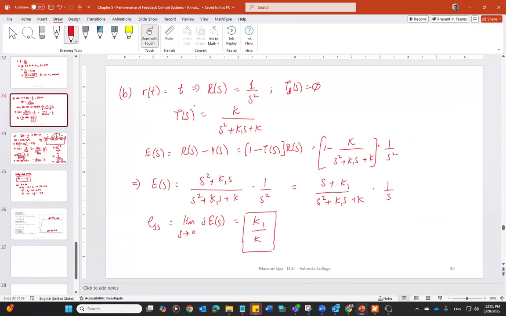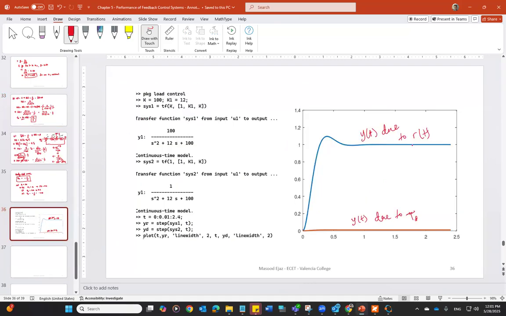Oh no, that's when r(t) was a ramp signal. Right now we're not plotting a ramp signal. Right now the steady state error is 0 because the output is 1 for an input command of 1. But if you plot for the ramp input, then the steady state error is 12%. But we are plotting, again, both signals as steps.